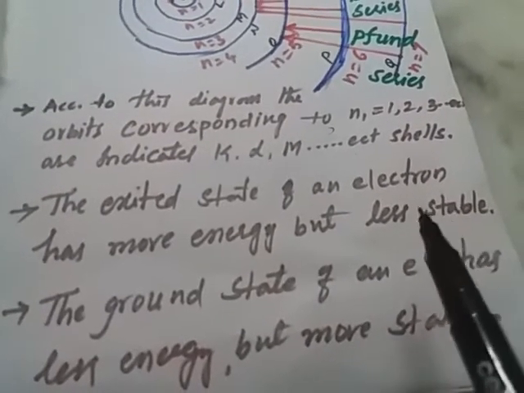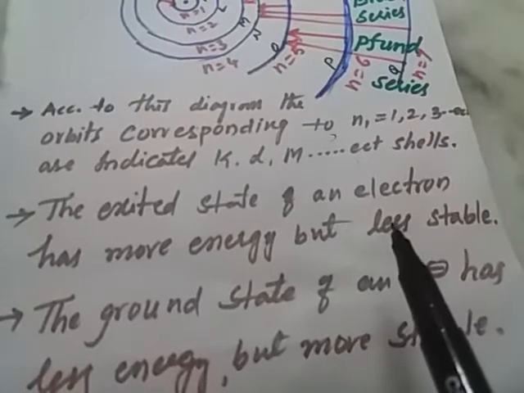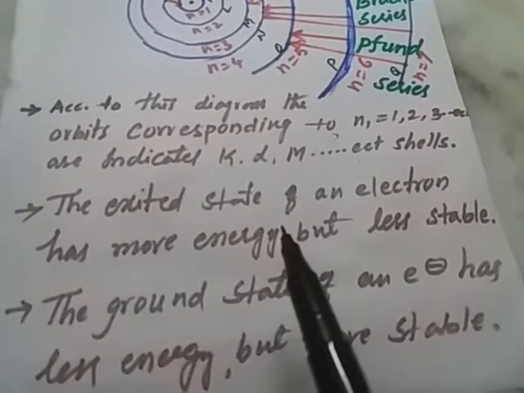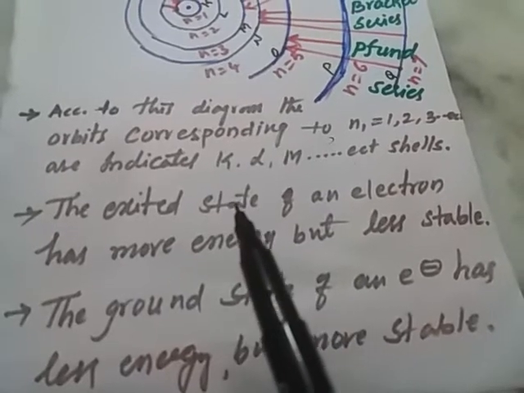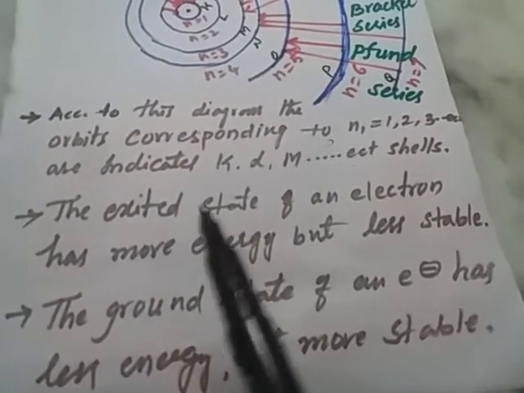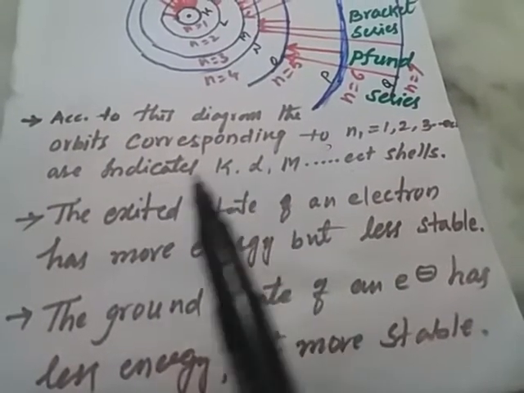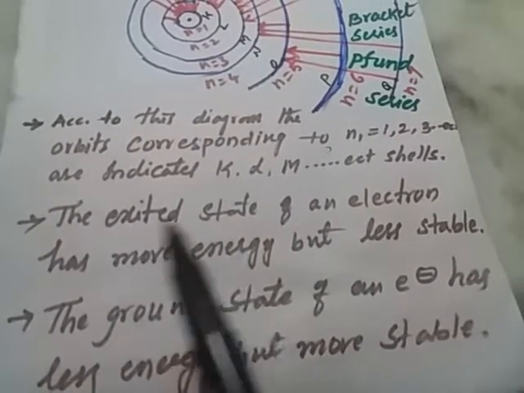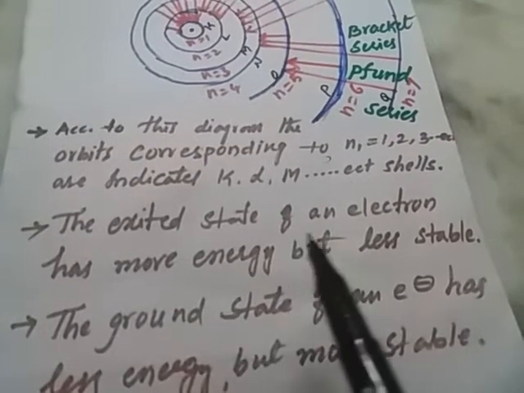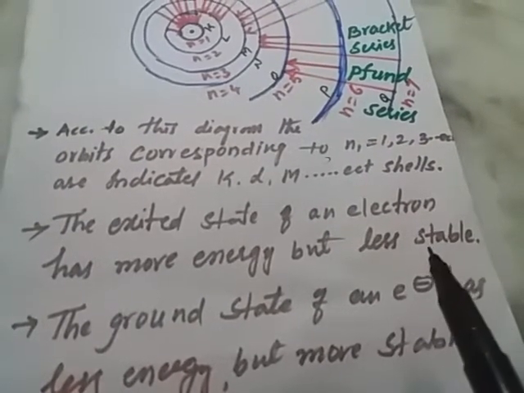See here students, this is a very important question for PG examinations. The excited state means higher energy levels. When an electron is in higher energy levels or excited states, it has more energy but is less stable.